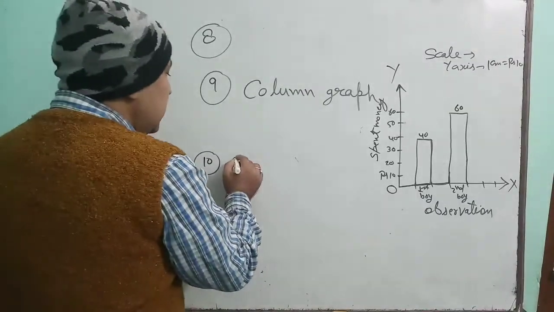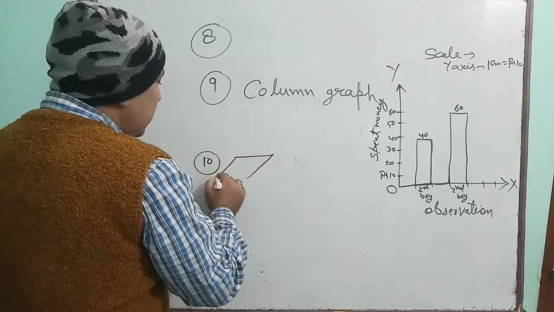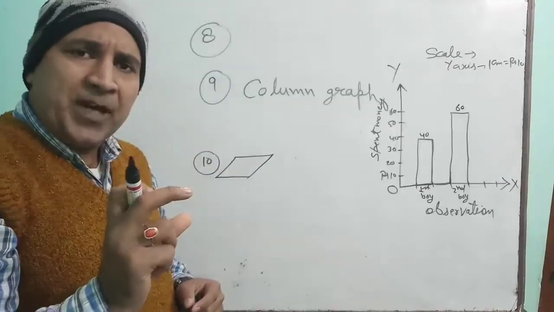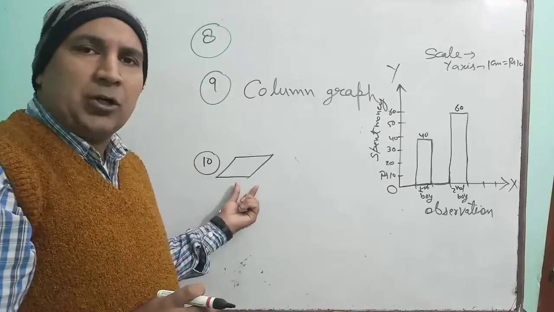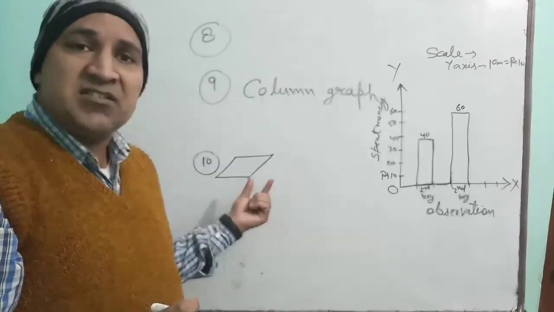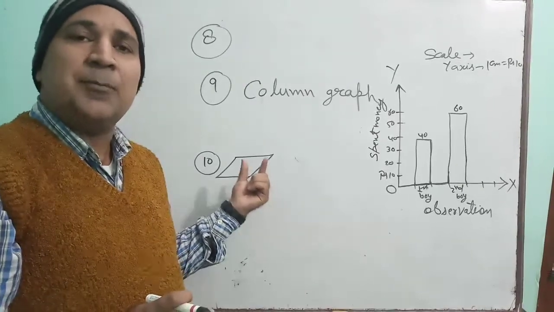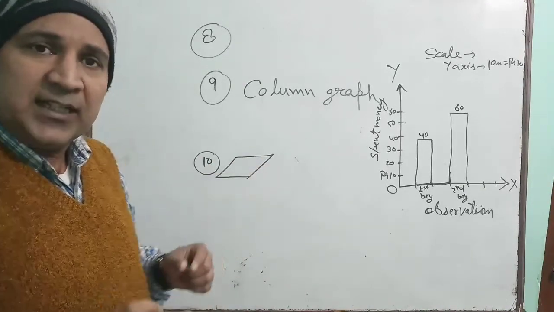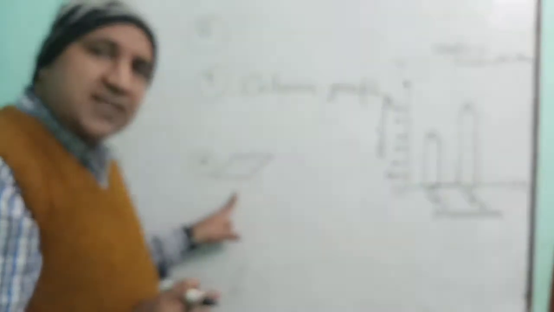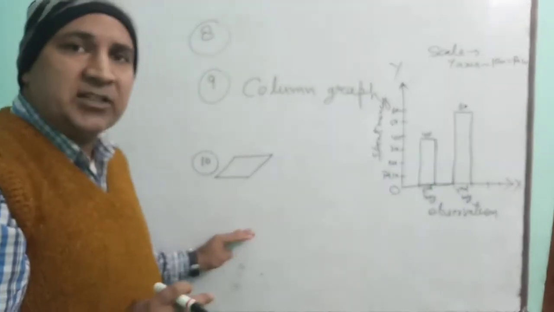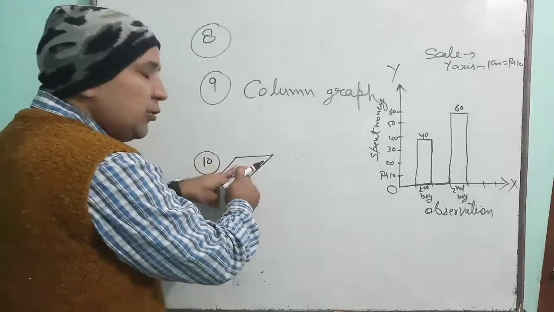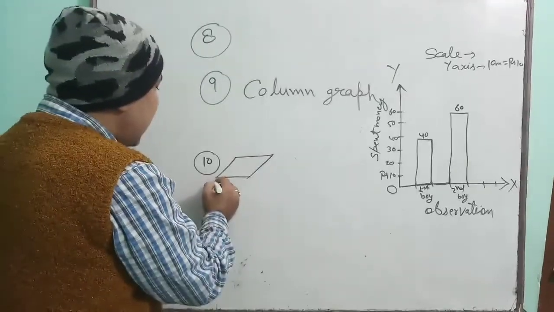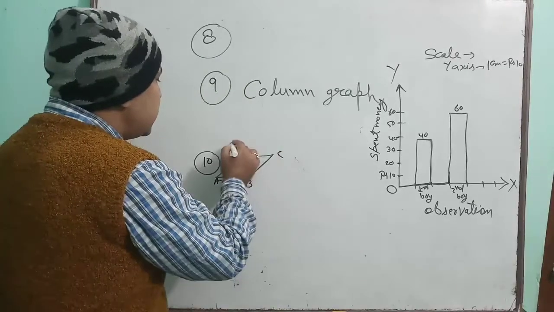So first, on a piece of paper you will draw a parallelogram, and with the help of scissors you will cut it. Then in the answer sheet where you will solve this activity, put your piece of the parallelogram and name it A, B, C and D.